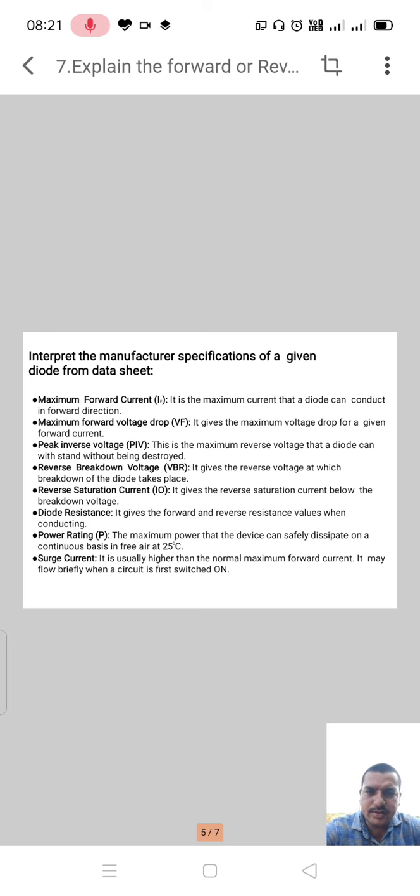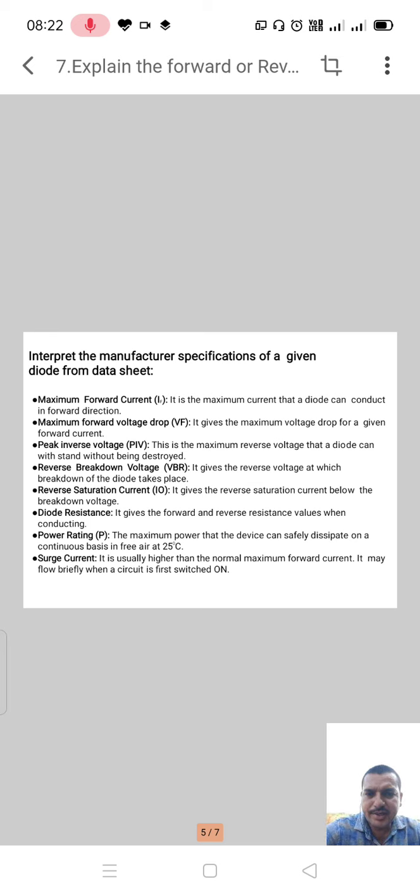It gives the reverse saturation current below the breakdown voltage. Next one, diode resistance. It gives the forward and reverse resistance values when conducting.